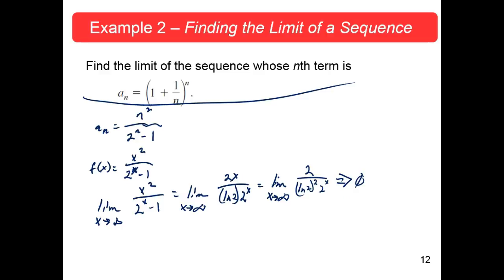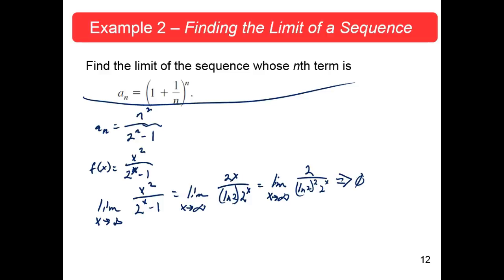So quite often, for something like this, it's very hard to show in a sequence. Get it to the functional form, and then even if you can't evaluate it directly, if it's a form like 0 over 0 or infinity over infinity, and actually there's one that's infinity minus infinity, L'Hopital's rule will work.